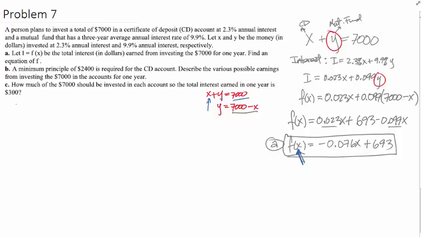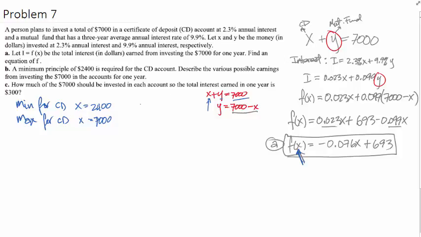The minimum for the CD is an X value of 2,400, and we can put up to the maximum for the CD, which is 7,000. That's like putting all your eggs in one basket, so to speak. We put all our money into the CD account and none into the mutual fund.